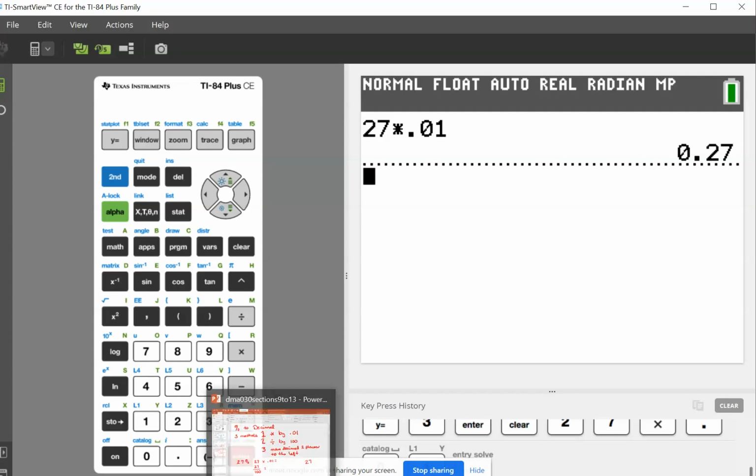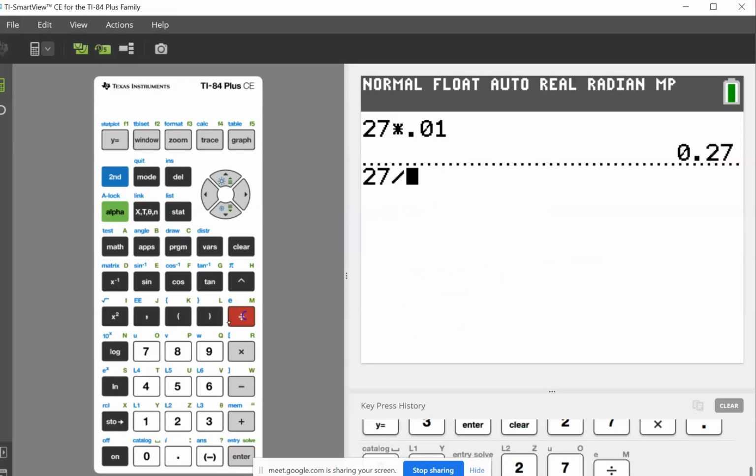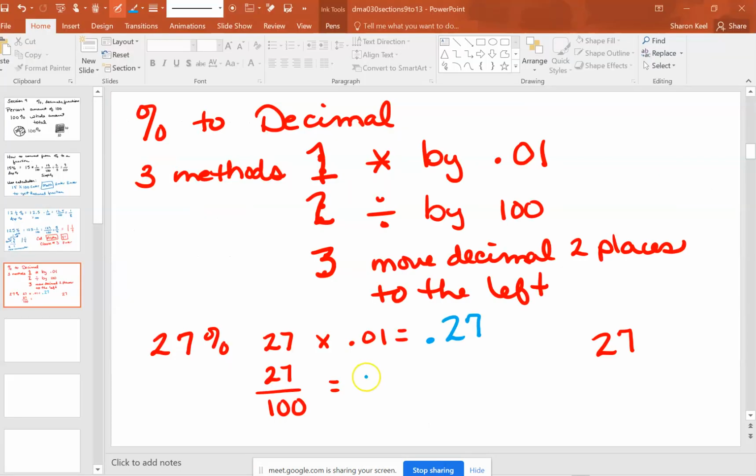It gives me 0.27. If I take 27 divided by 100, I also get 0.27. And for this method, moving the decimal, the understood decimal is on the right. If I go left 1, 2 places, that itself is 0.27. So you have three ways by which you can change from one form to the other.